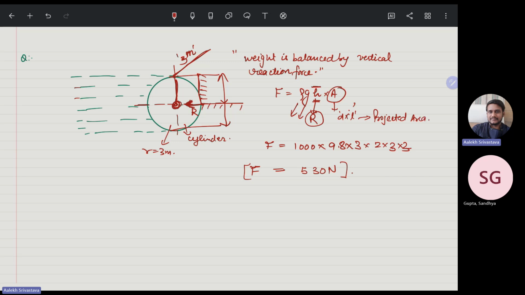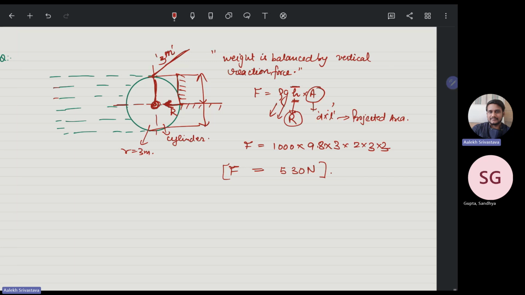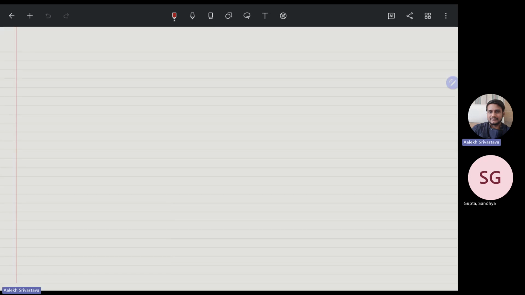Now the next question is related to the metacentric height. It says which of the following options is or are correct.